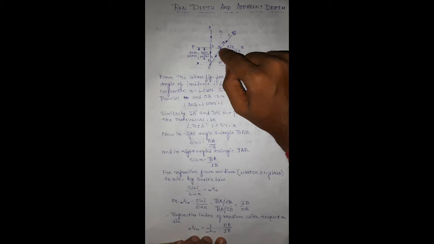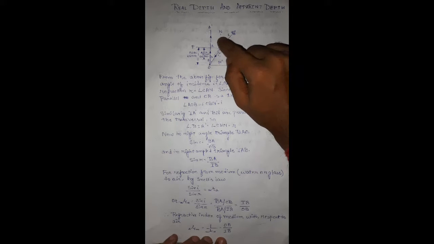When the light arises from O and hits the surface at B, by the phenomenon of refraction we know that when light travels from a denser medium to a rarer medium, light will go away from the normal. Correct?